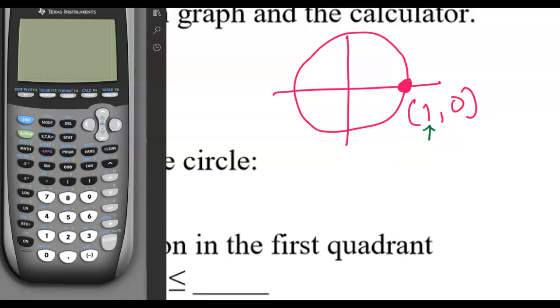Oh, Jack. It's so tempting because you always think in terms of sine, cosine, like sine comes first. But the x value is actually cosine of our angle, which this angle right here is our 0 degree angle. And this is the sine of 0.